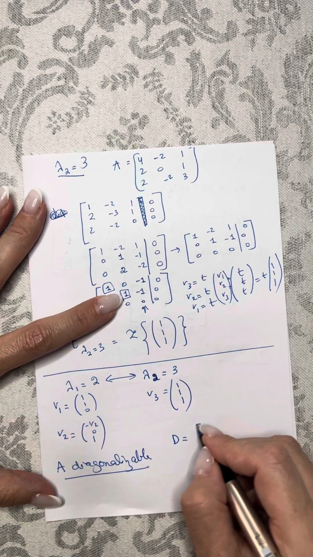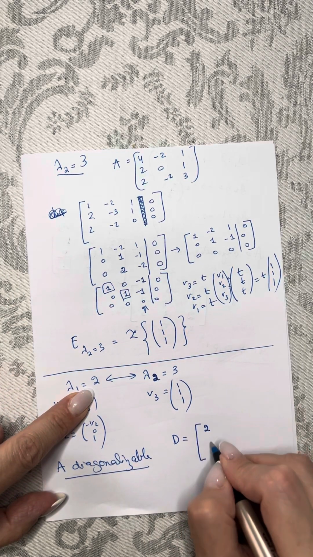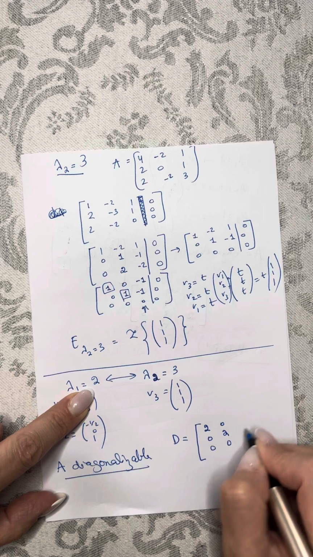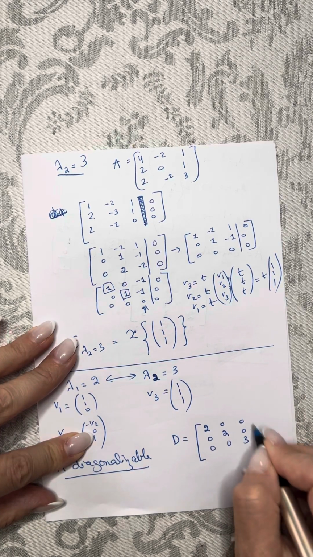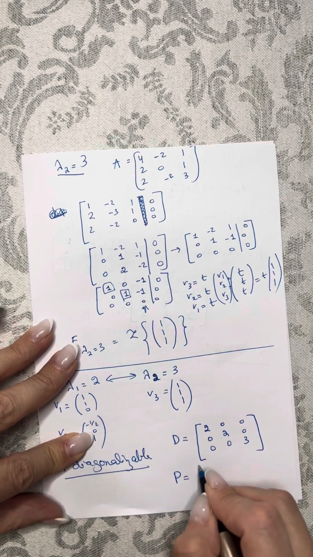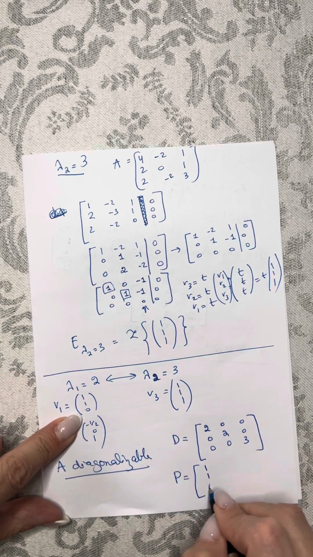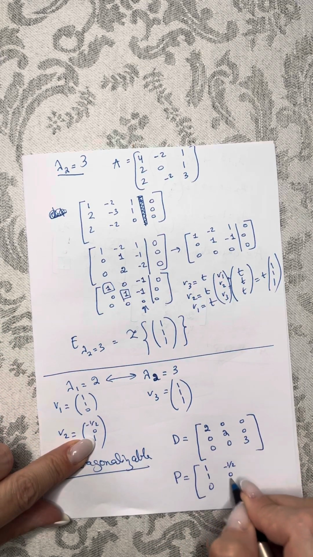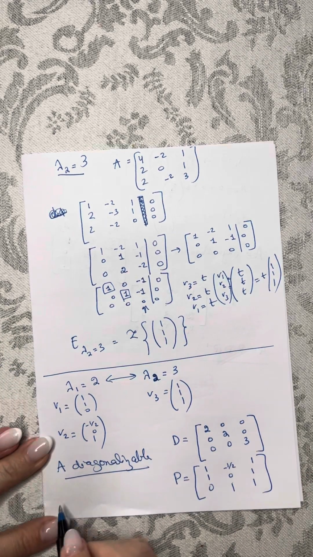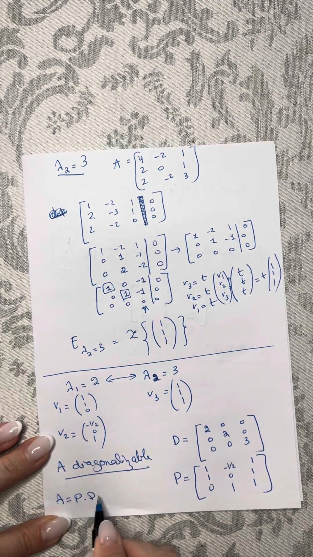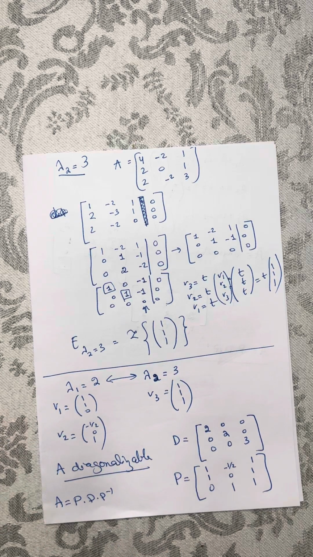D would be lambda 1 counted twice because it gave me 2 eigenvectors, and lambda 2 counted once, and P would be made of 1, 1, 0, minus half, 0, 1, and 1, 1, 1 over here. A will be equal to P D P inverse. All right, the last thing is coming next.